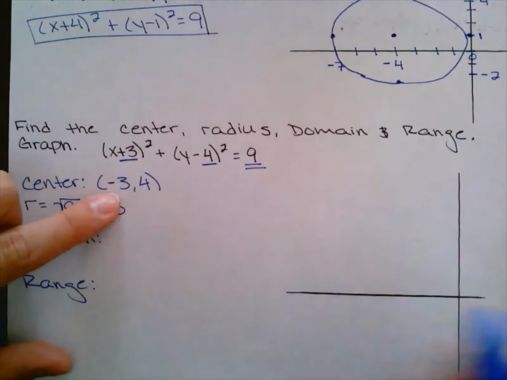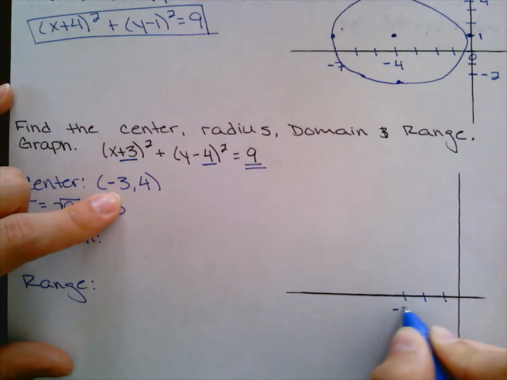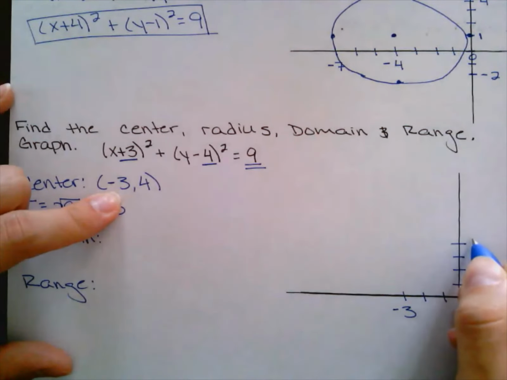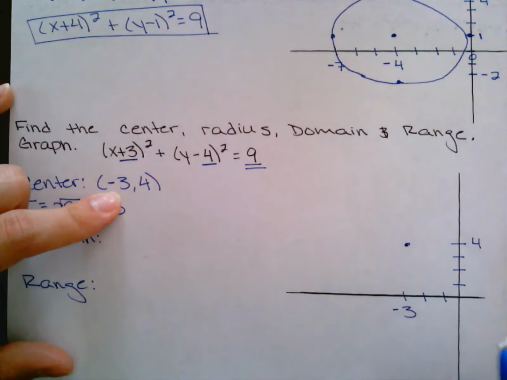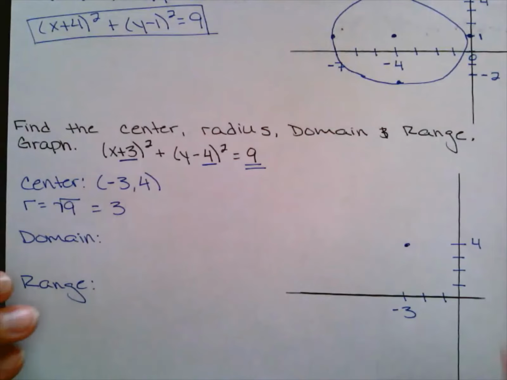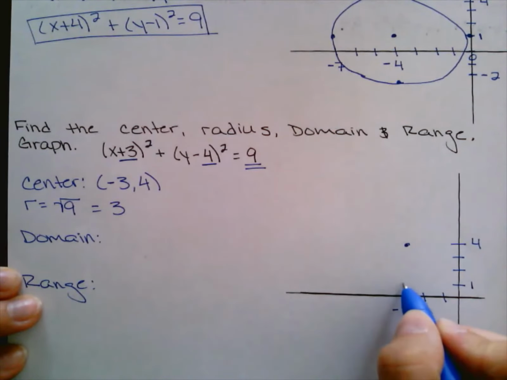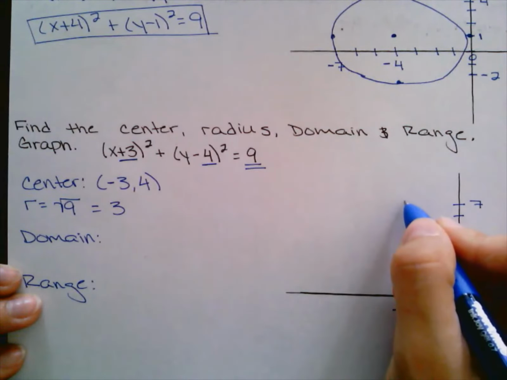So let's draw my center. I'm going 3, 1, 2, 3 to the left. And I'm going 4 up, 1, 2, 3, 4. That is my center. With a radius, we said, of 3, so I'm going to go 3 down, 1, 2, 3, down to 1. I'm going to go 3 up, 1, 2, 3, up to 7.